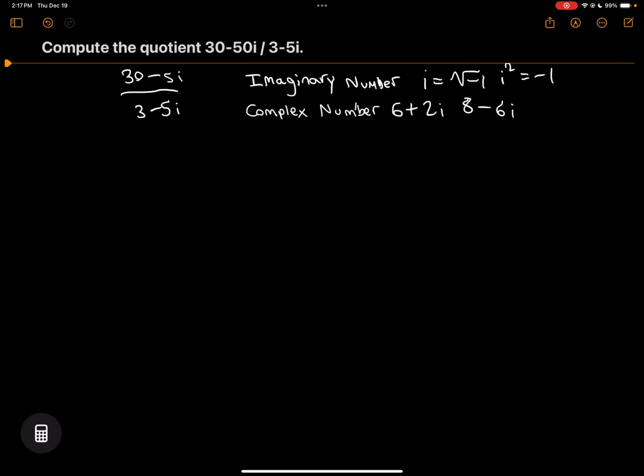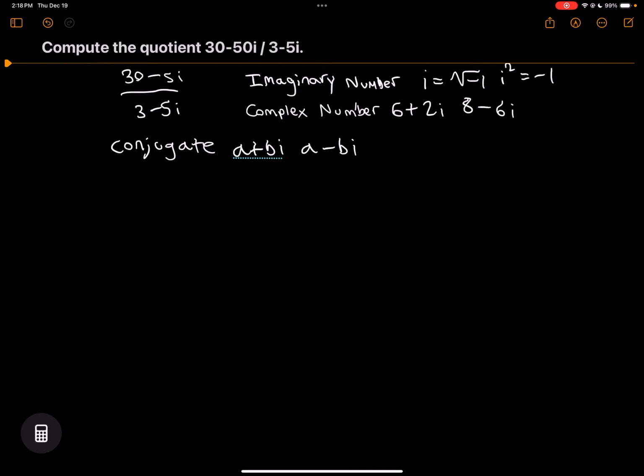This is basically just a problem of complex number arithmetic. We're dividing a complex number by a complex number. To solve this problem, we're going to need to utilize what's called a conjugate. The conjugate of a complex number a plus bi is a minus bi.